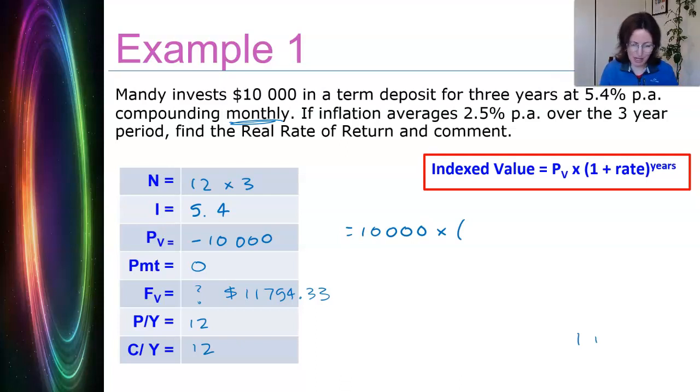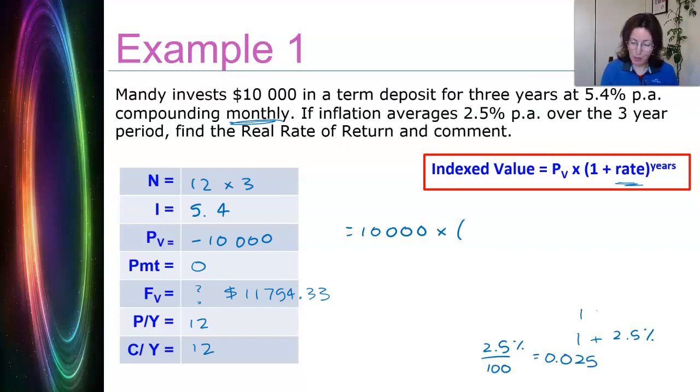So 1 plus the rate, which is the 2.5%. When it says rate there, that's not the 5.4, that's the indexed amount. So we're adding that on, that's 2.5%. Now remembering that 2.5% is equal to, we put that over 100, so we'd get 0.025.